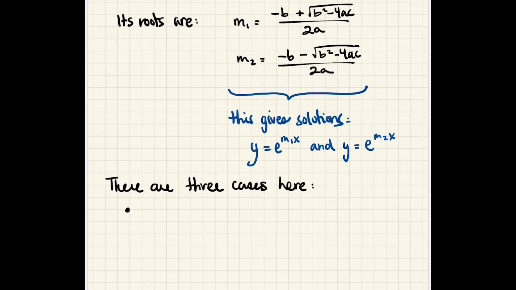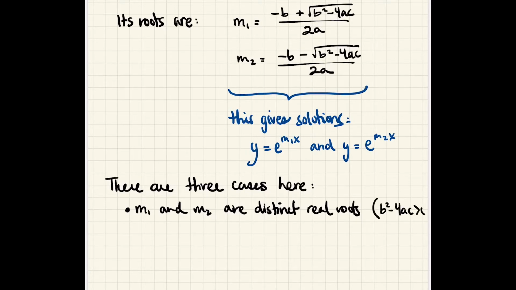So the first case, which is the simplest one, is that m1 and m2 are distinct and real. So this case arises when the discriminant is positive. The second case is that m1 and m2 are real and equal.